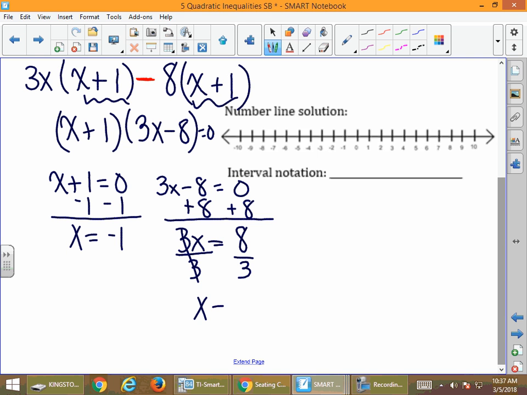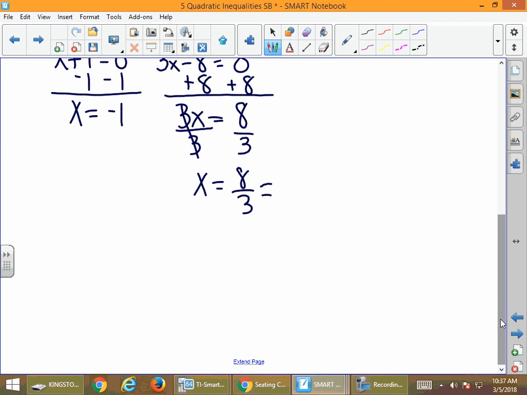So we get x equals 8/3, which, by the way, is the same thing as 2 2/3, which is approximately 2.67. Just so you know all the equivalent values, and it is approximately because 2/3 is a repeating decimal.